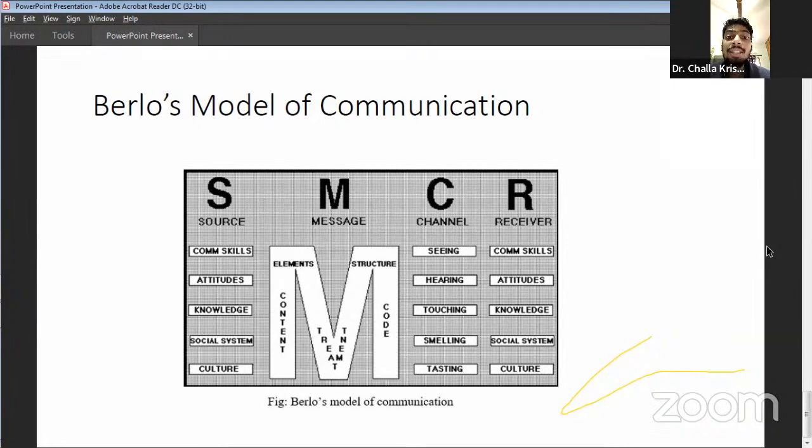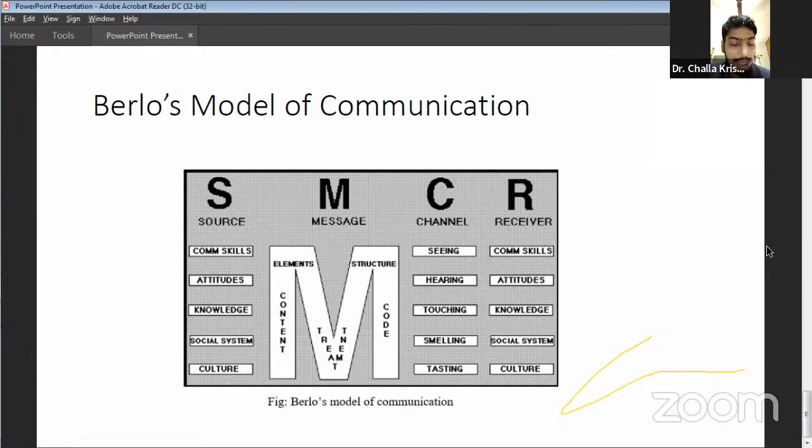Both of them should speak the same language. For example, if I speak English and you don't understand English, what is the point of me delivering the lecture in English? We should share the same language, and we must have proficiency in that language.